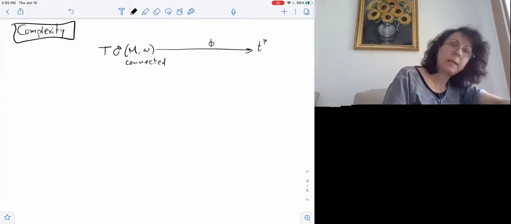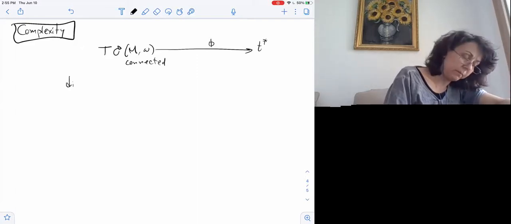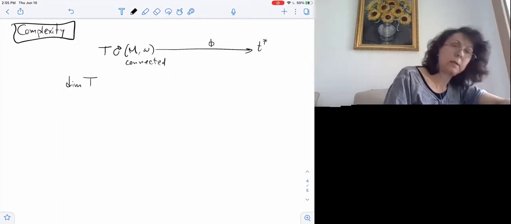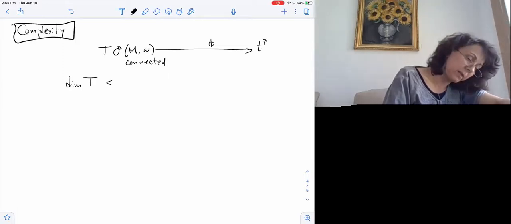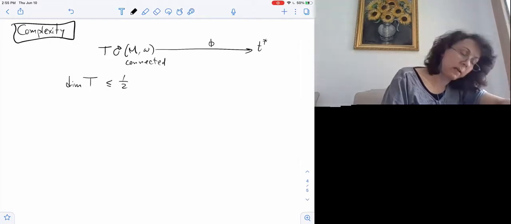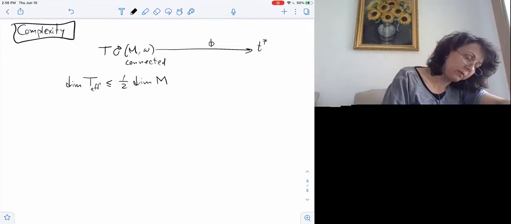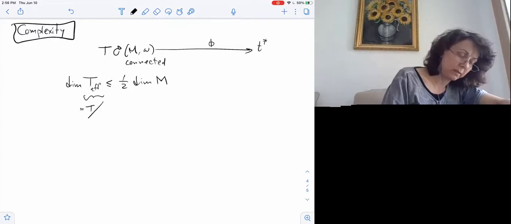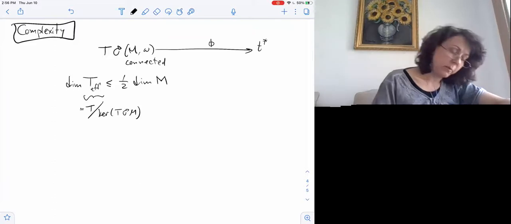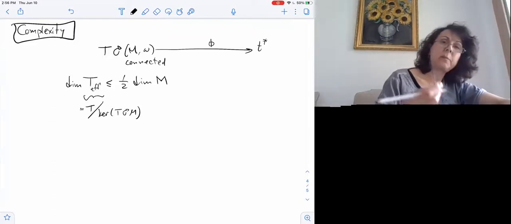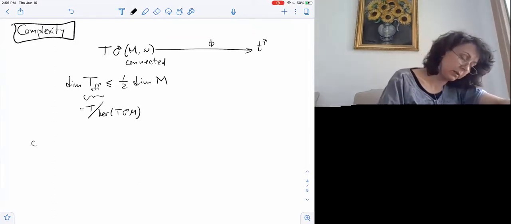And it turns out that if the action is faithful, the dimension of the torus is no more than half the dimension of the manifold. And just to be a little bit pedantic, if the action is not faithful, let me just divide by the kernel of the action. And the complexity measures how far we are from reaching this maximum dimension of symmetry.